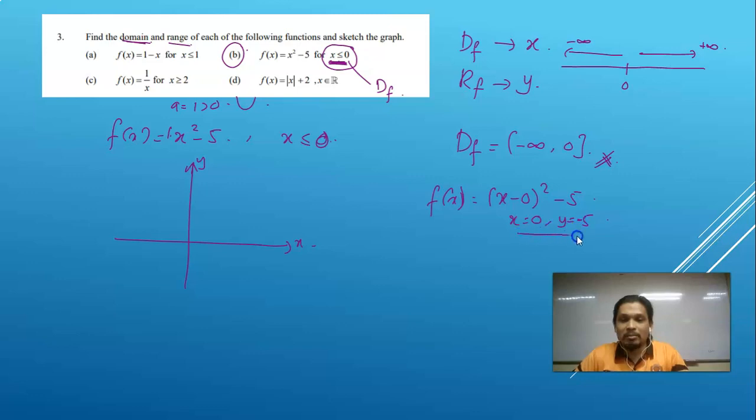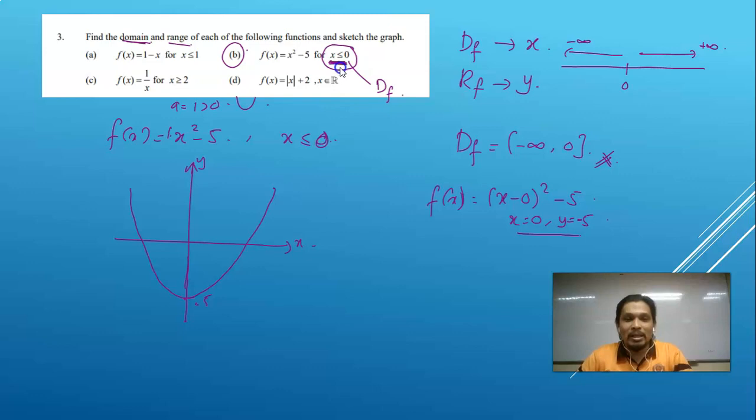This is the minimum point, and at the same time part of what we call the symmetry of the graph. Let's say this is negative 5, so the graph will be something like this. It's not very smooth, but it's okay. So this is f(x) equal to x squared minus 5.